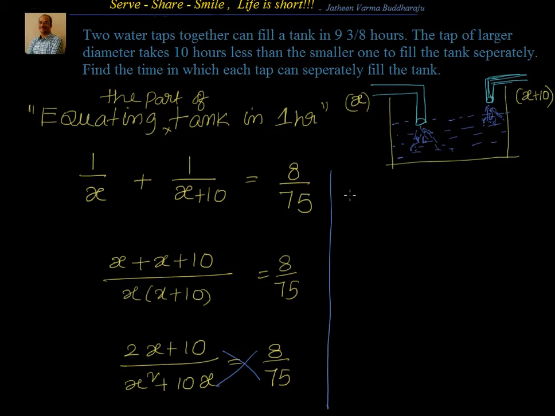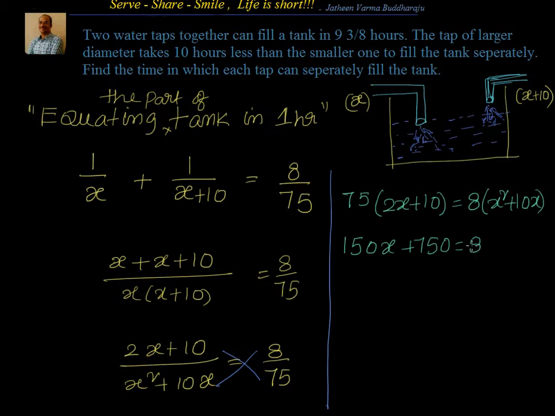Now when you do cross multiplication, we will have 75 into 2x plus 10 is equal to 8 into x square plus 10x. That's nothing but 150x plus 75 tens are 750 equal to 8x square plus 8 tens are 80x.